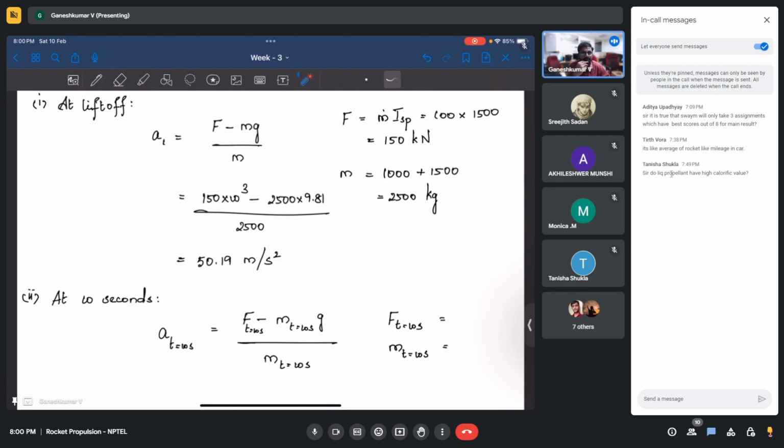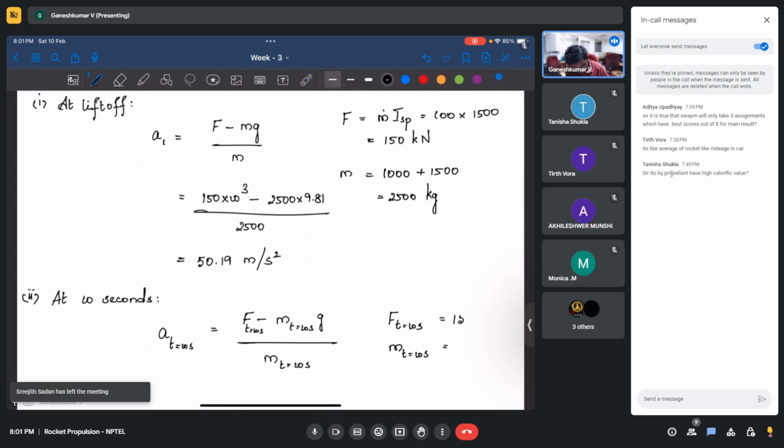Is it going to be any different compared to the earlier thrust? I guess the thrust will remain the same, since the mass flow rate is not changing and neither is the specific impulse. For the entire duration of operation of the rocket motor, the mass flow rate is not changing, and since it is not changing, thrust is also not going to change. So it's going to be 150 kilonewtons.